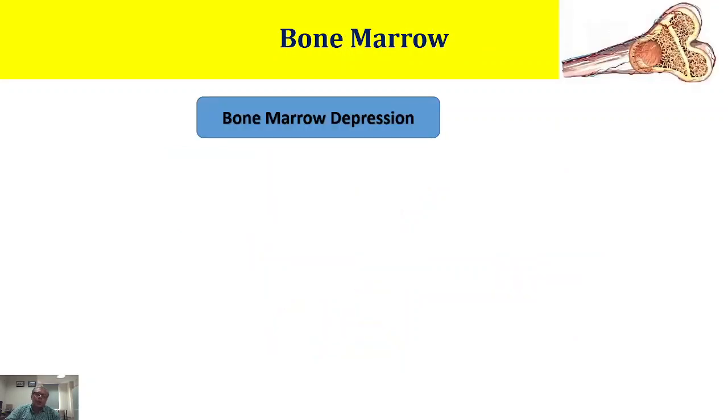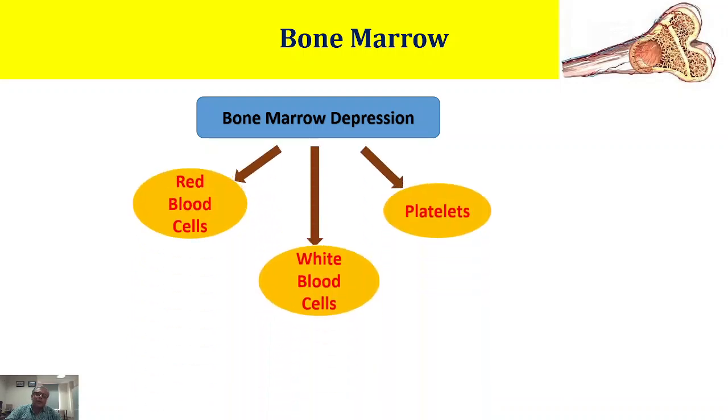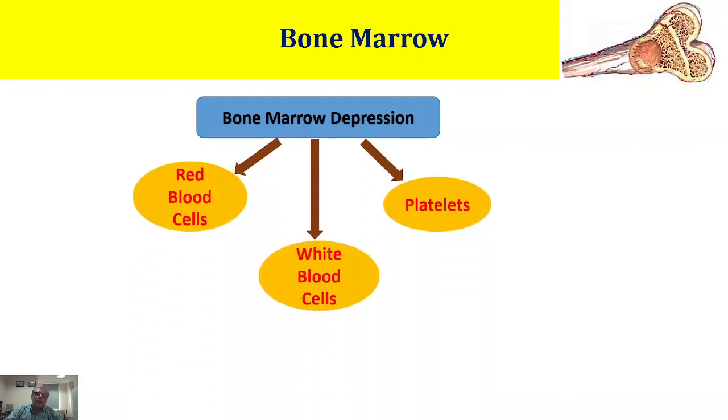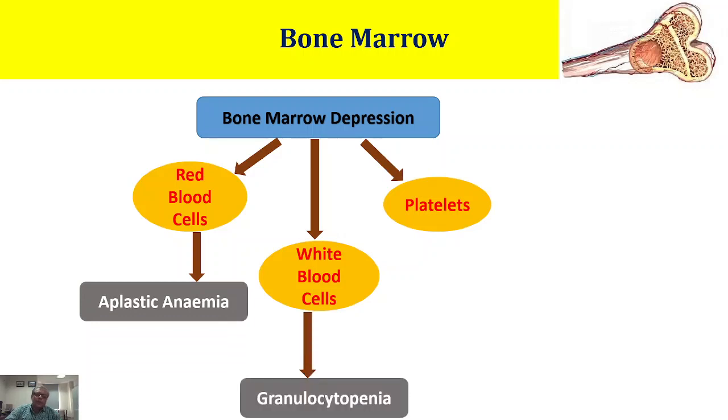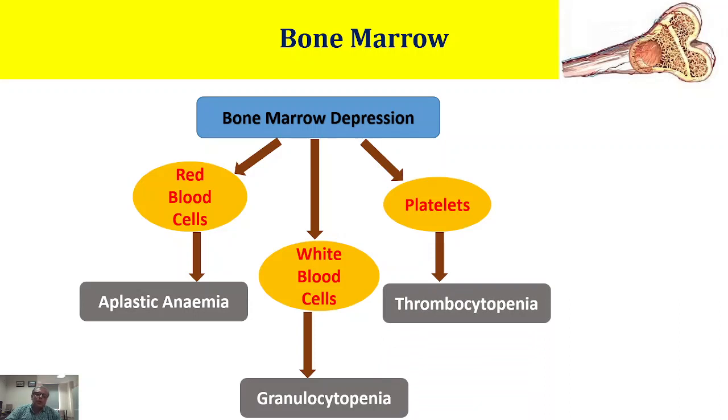Now, first the bone marrow. Anti-cancer agents cause depression of the bone marrow. You know that the bone marrow is the site where RBCs, WBCs and platelets are synthesized, and that's why it will be reflected as aplastic anemia, granulocytopenia and thrombocytopenia.